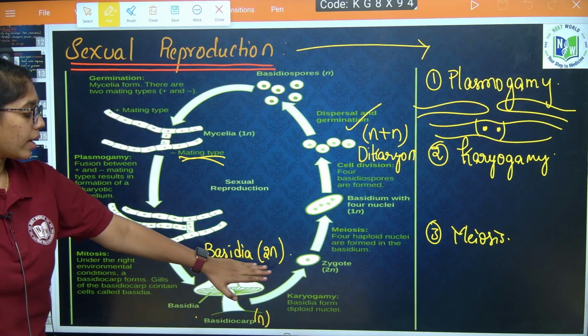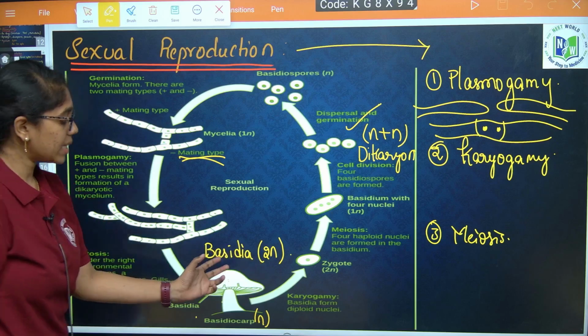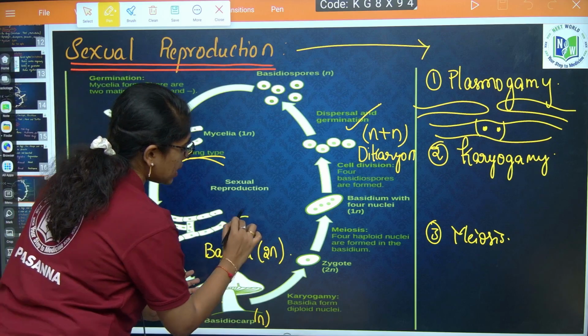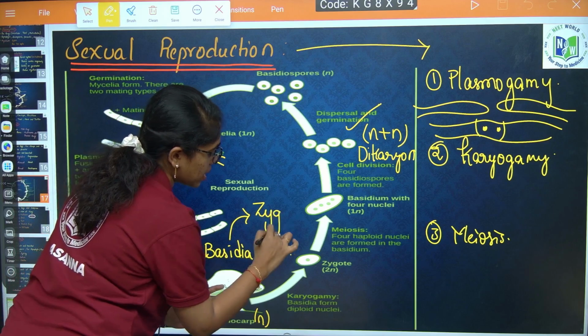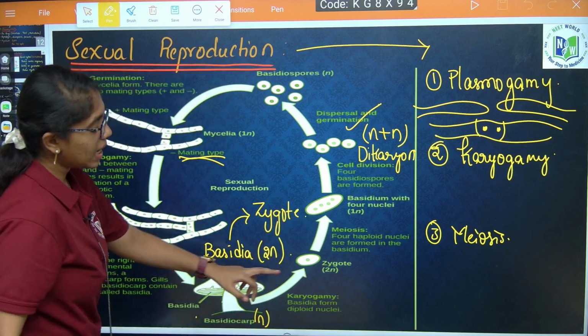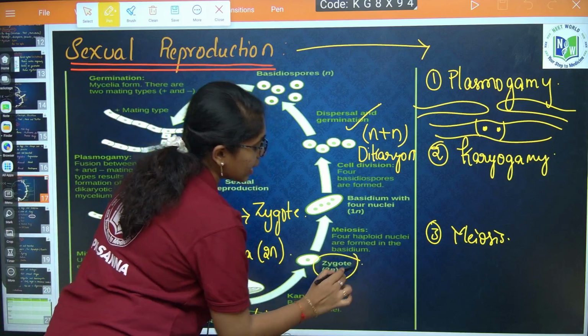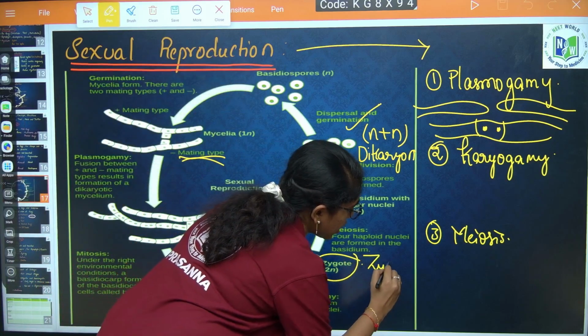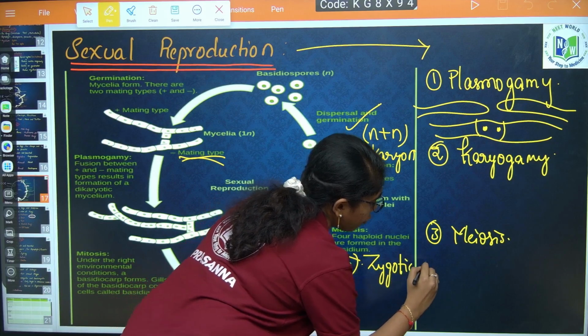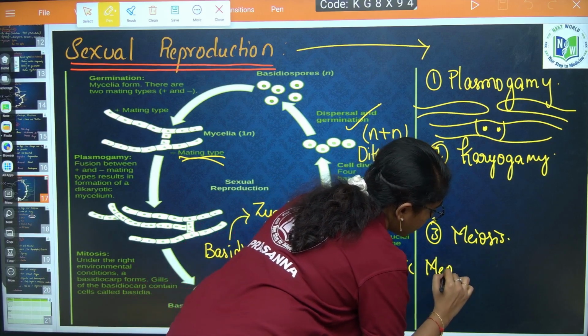After karyogamy, the basidium, which is diploid, has a zygote inside it. Inside the basidium, what is present? Zygote. Again zygotic meiosis is taking place over here. What type of meiosis? Zygotic meiosis.